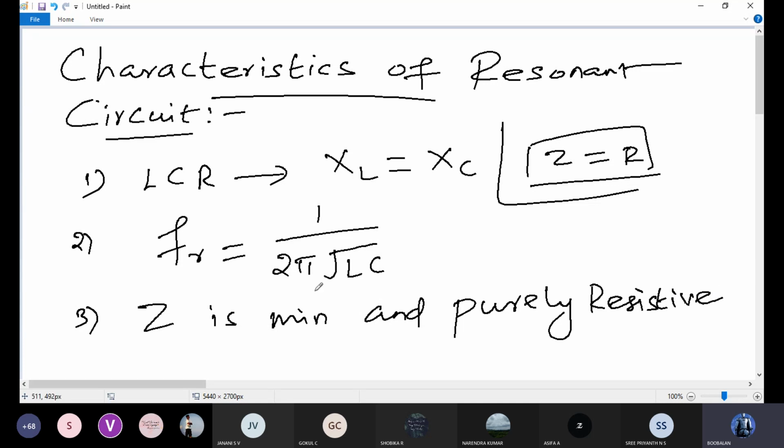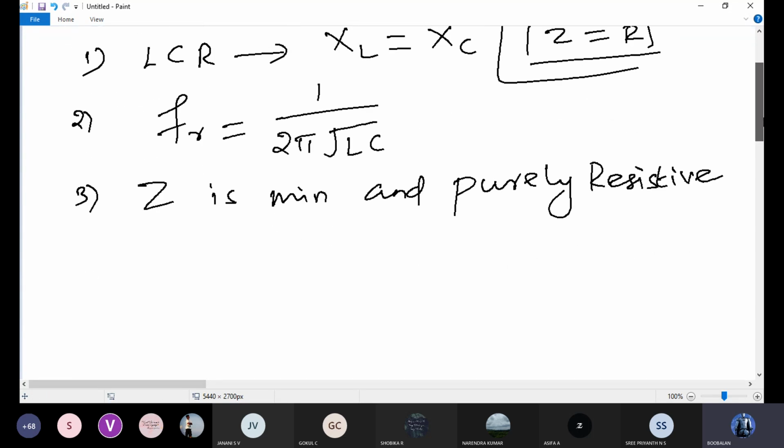So purely resistive. Three points. Fourth one, the current maximum value.